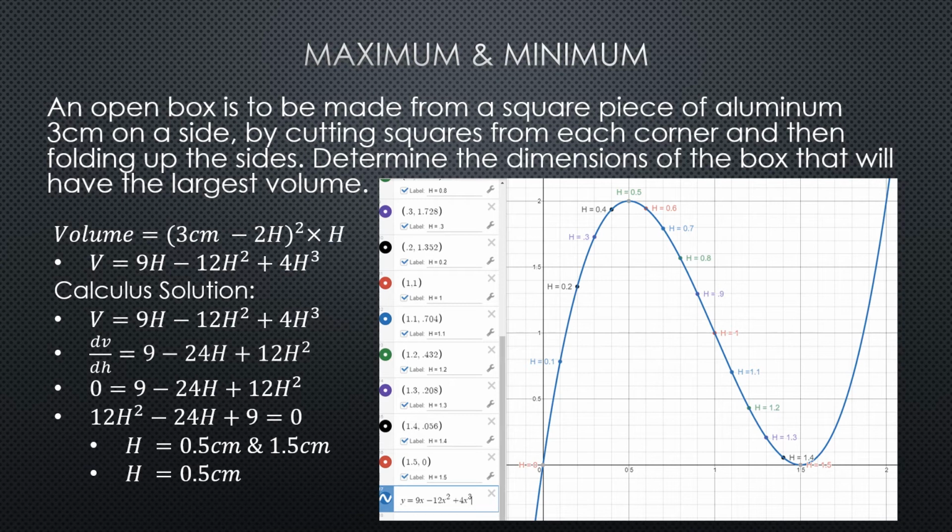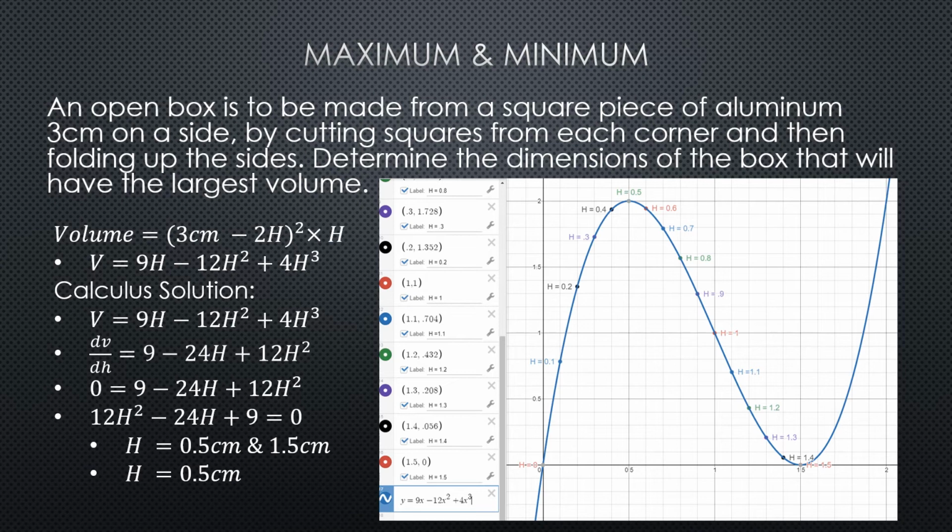But the next question is, can we solve the same thing using calculus? We've got our equation in terms of volume and height. Notice on our graph that there are 2 points where the slope equals 0, appearing to be around height equals 0.5, and also 1.5.